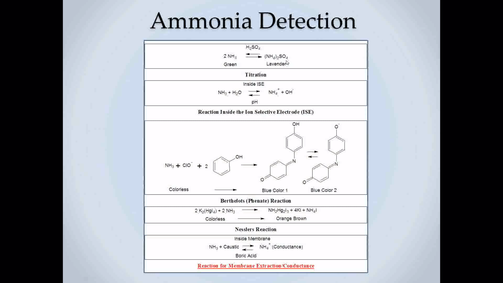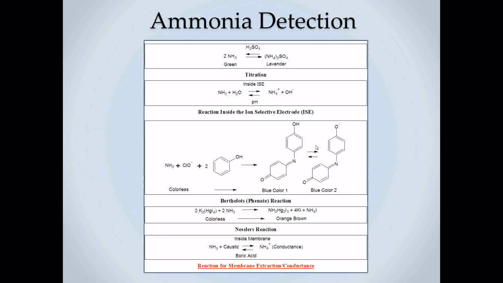We have the typical titration with sulfuric acid, an endpoint going from green to lavender. It's a mixed indicator, methylene blue and methyl red. So you go from a green color to a lavender color at the end of it. You have the ion selective electrode that allows ammonia to permeate through the membrane, and you basically have a pH change inside the electrode.